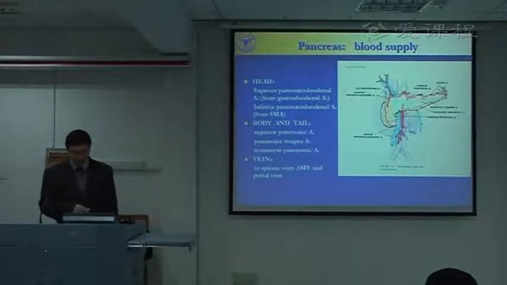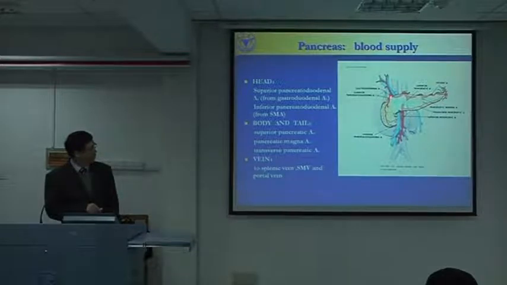Let's look at the blood supply of the pancreas. In the head of the pancreas, the blood supply mainly comes from the gastroduodenal artery and the SMA.